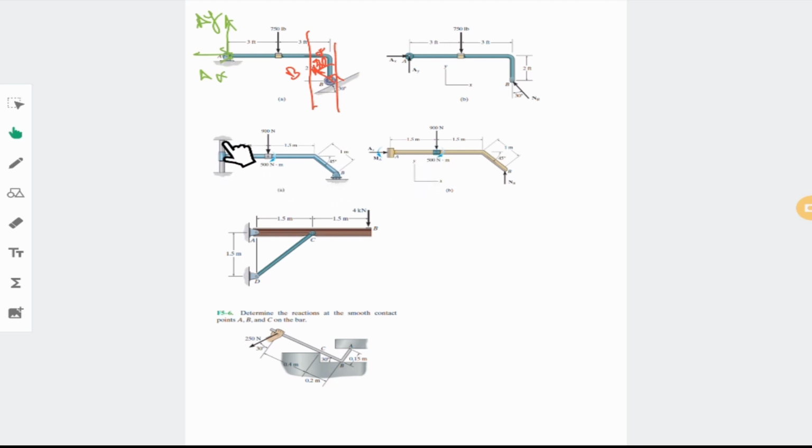As I discussed about this in the previous page, you know that this kind of joint lets us move in the y direction, and that's why we don't have any Ay here. And it doesn't let us do motion in this direction. That's why we have Ax, and it doesn't let us rotate, and that's why we have MA.